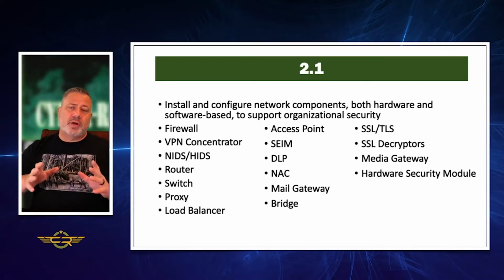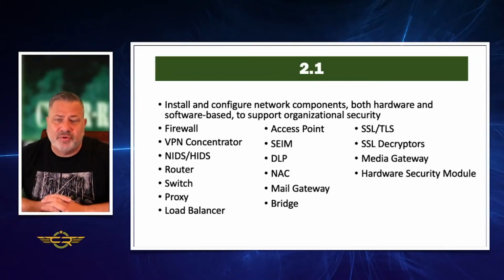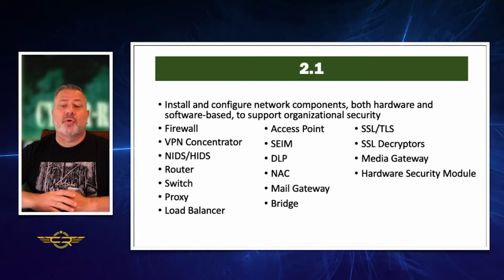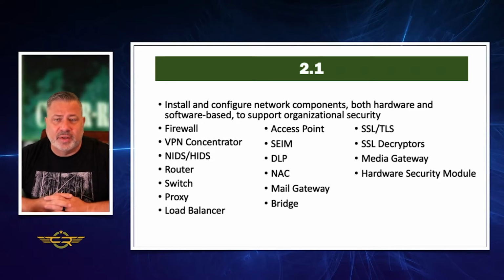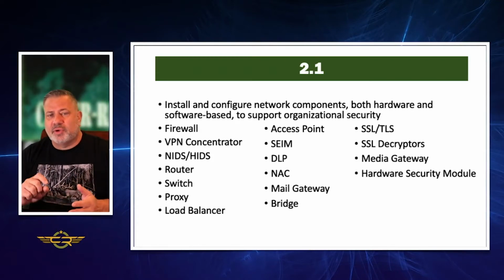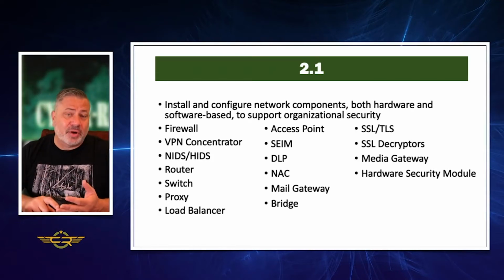So 2.1, install and configure network components, hardware and software based, to support organizational security. We'll just call this one network security, right? This is going to be things like you see on the slide here: firewalls, VPN concentrators, NIDS, or network intrusion detection systems, or host-based intrusion detection systems, or HIDS.